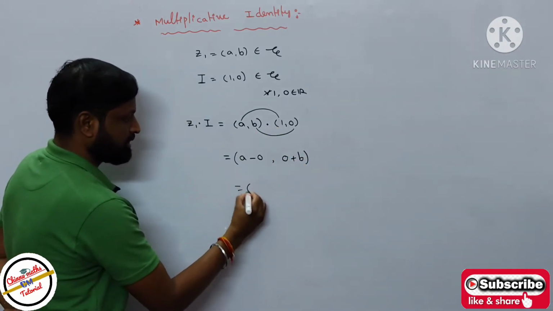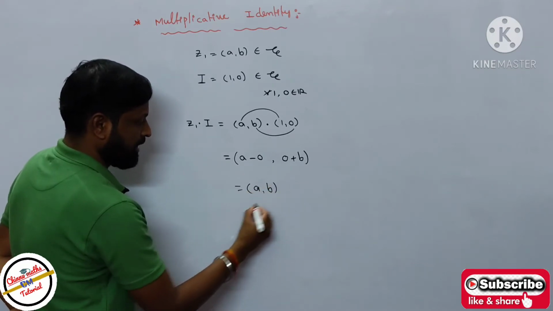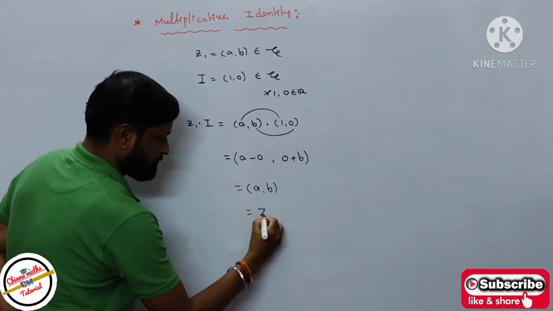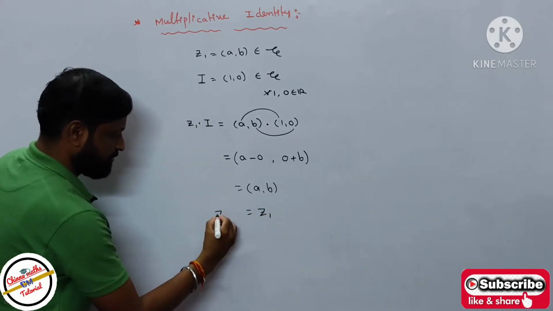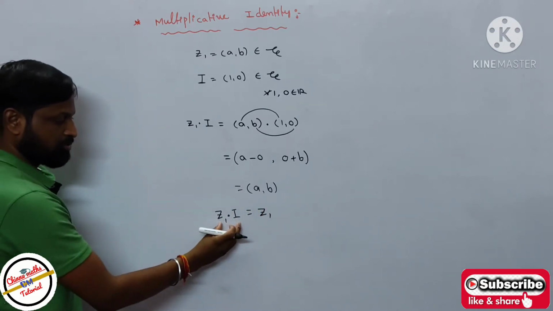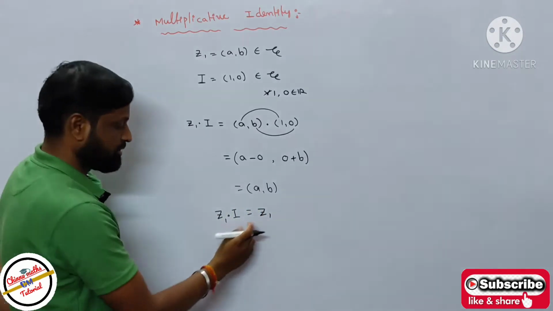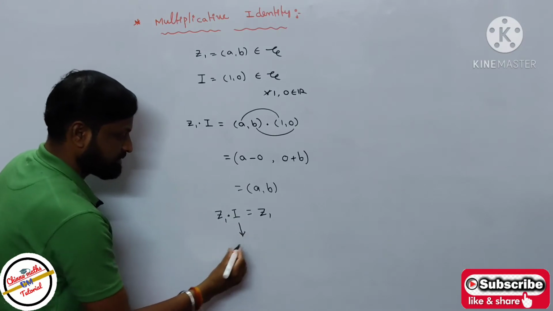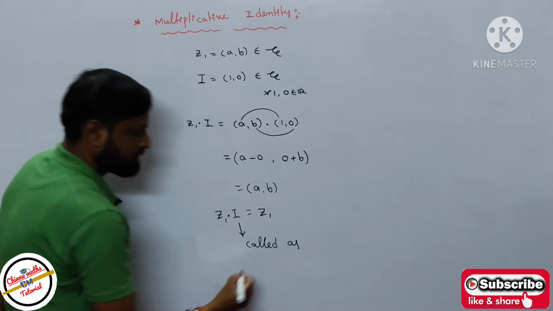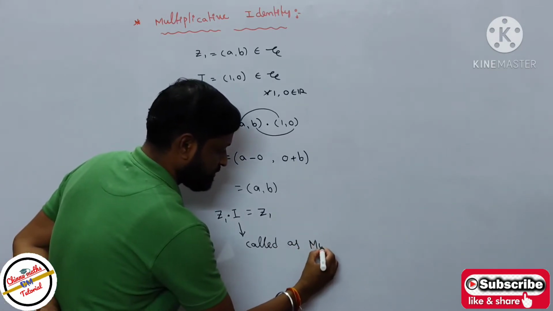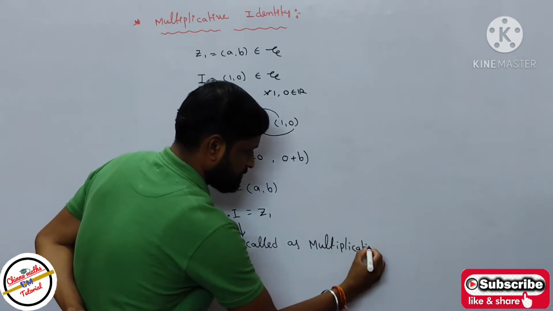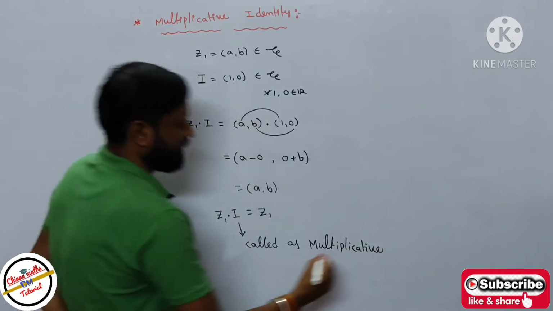So finally you get (a, b). (a, b) is nothing but the complex number z1. See here, z1 times I equal to z1. So this product is represented again as z1. That is why I is called the multiplicative identity.